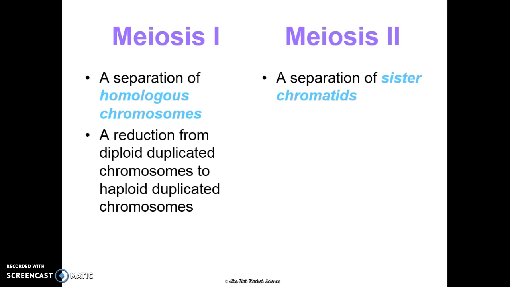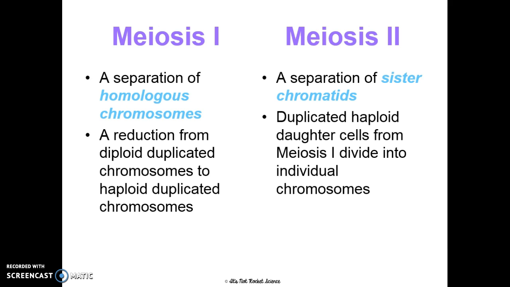Now, meiosis 2 is a separation of sister chromatids. Now you're understanding why it's important for you to understand the difference between our vocabulary here. And so our haploid cells then divide into only having an individual chromosome.